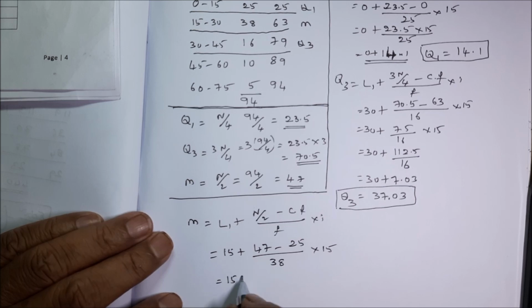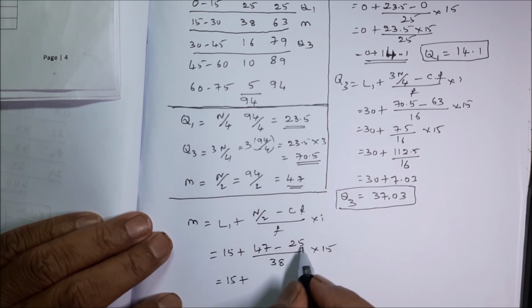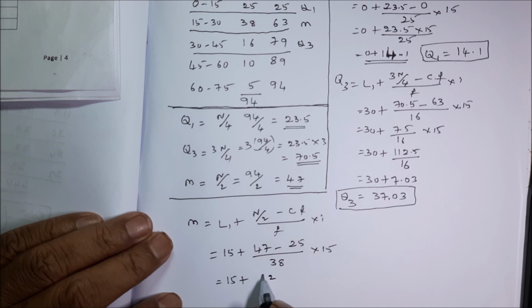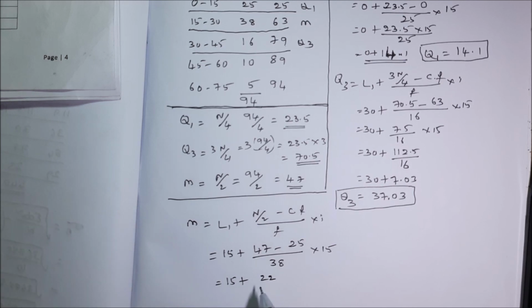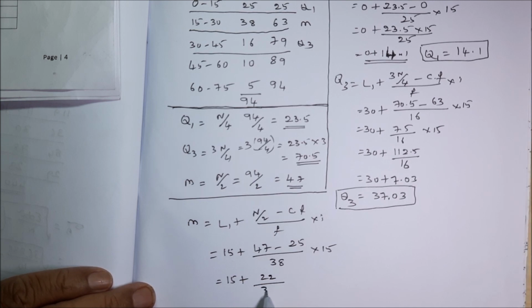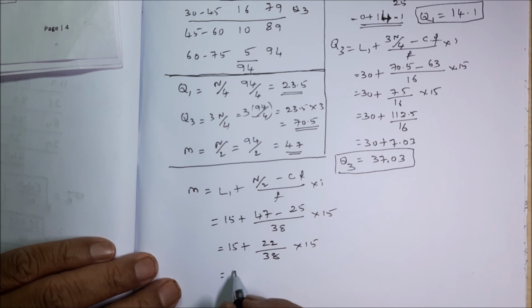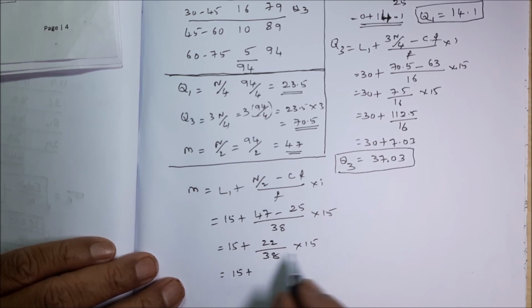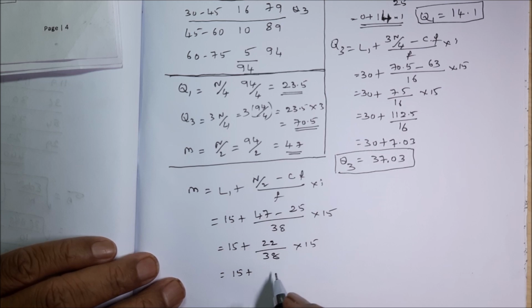So 15 plus 47 minus 25, 22, right, 22 divided by 38 into 15. 15 plus 22 into 15, it is 330 divided by 38.